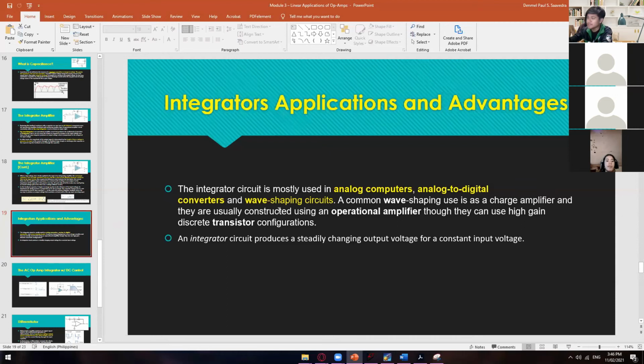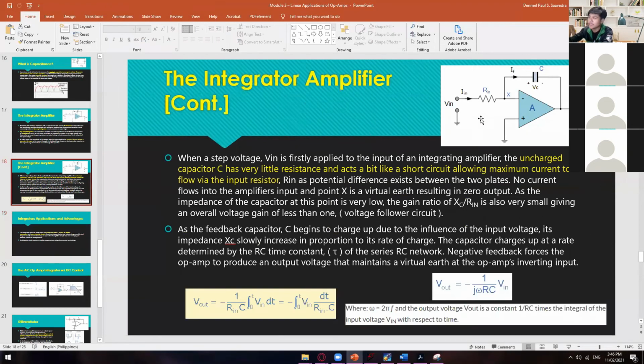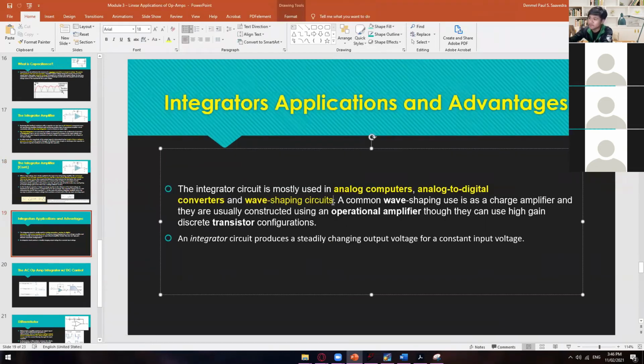So the only thing that we can do right now using our LT Spice is the wave shaping circuits.